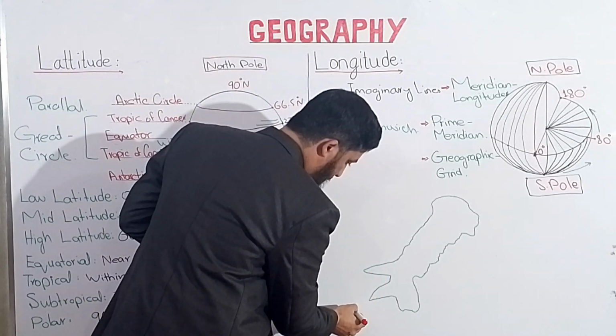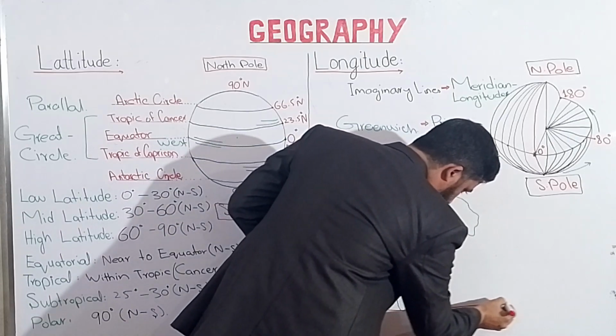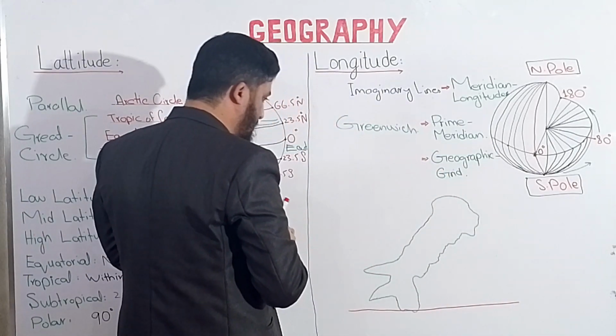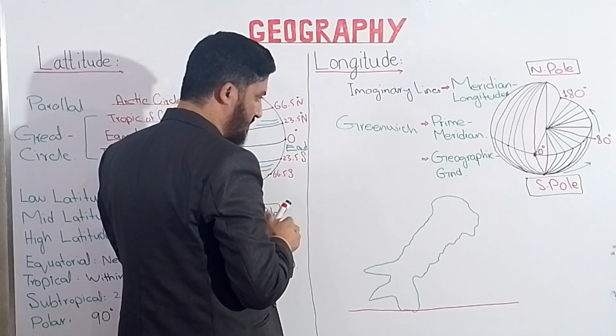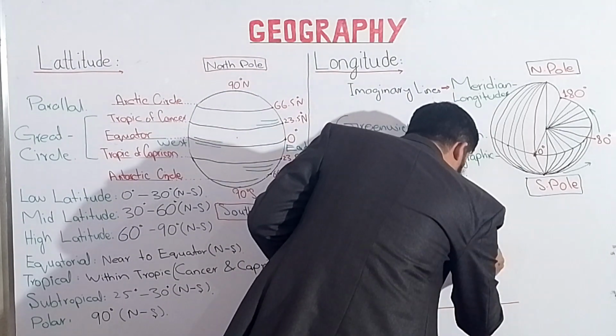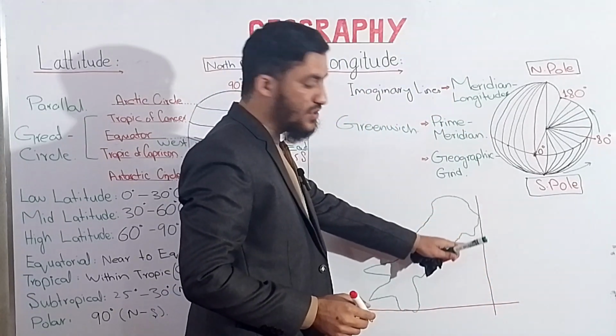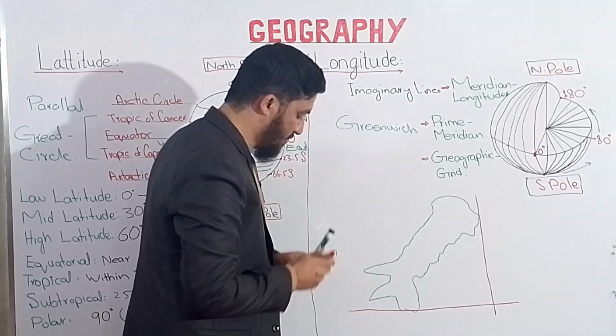This is the line of parallel, and this is the longitudinal line and this is the latitudinal line.